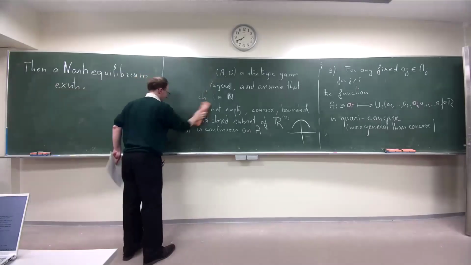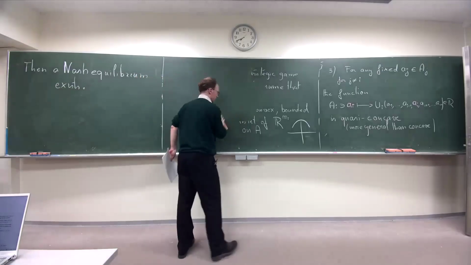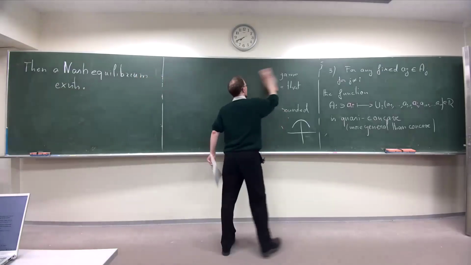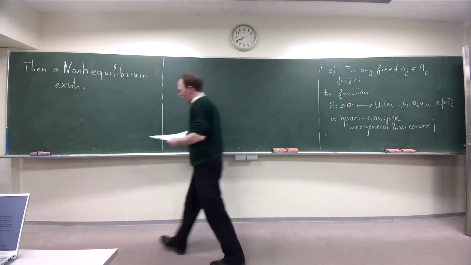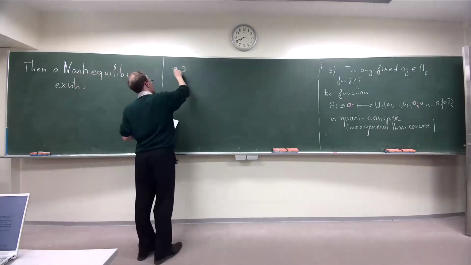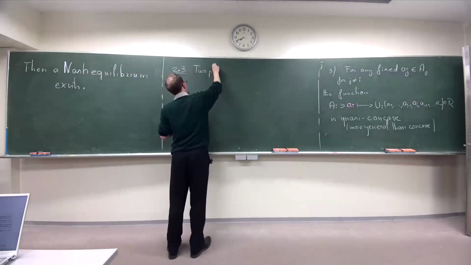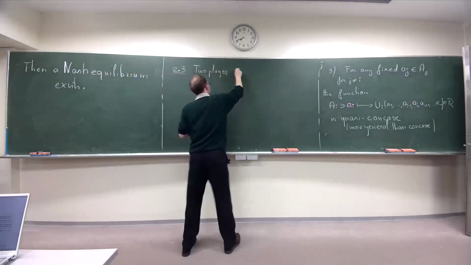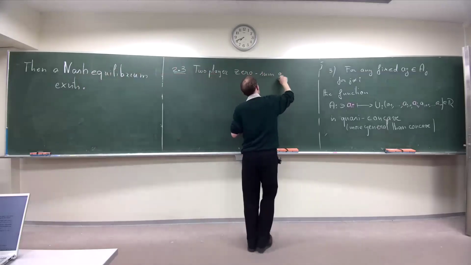Among the set of strategic games, some are easier than other ones. And always we start with the simplest one. The first subfamily is called, this is 2.3, two-player zero-sum games, or strategic games.